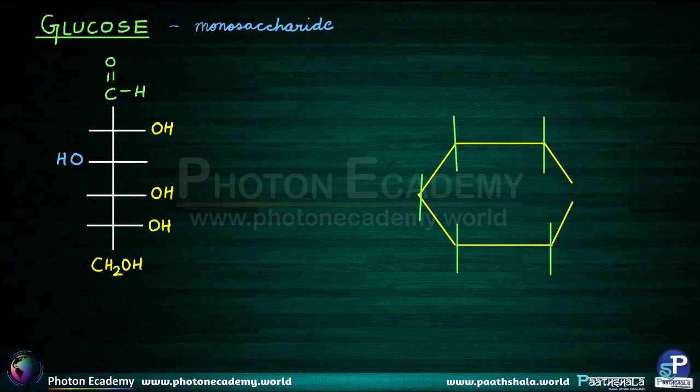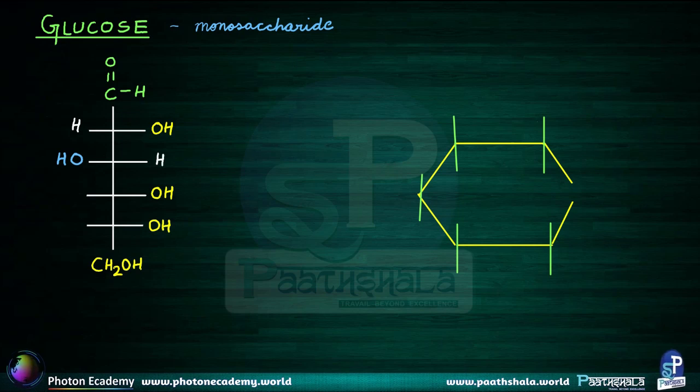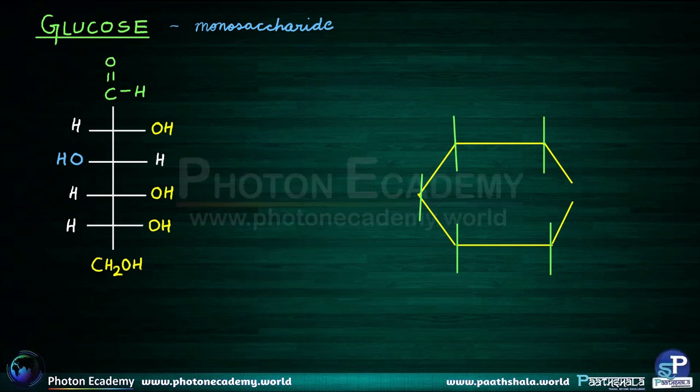Now I'm left with hydrogen, and I fulfill all the rest of the valencies of these chiral carbons with hydrogen. So I have got my structure of glucose, and this is how you remember it: leaving behind the second chiral carbon, all of the OH comes on the right. In the second one, it is in the opposite direction.